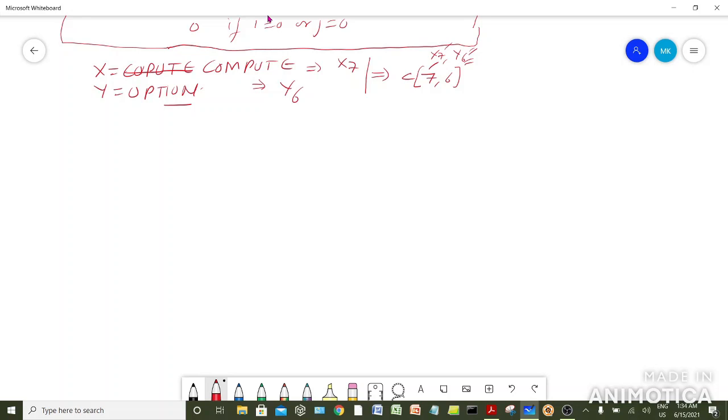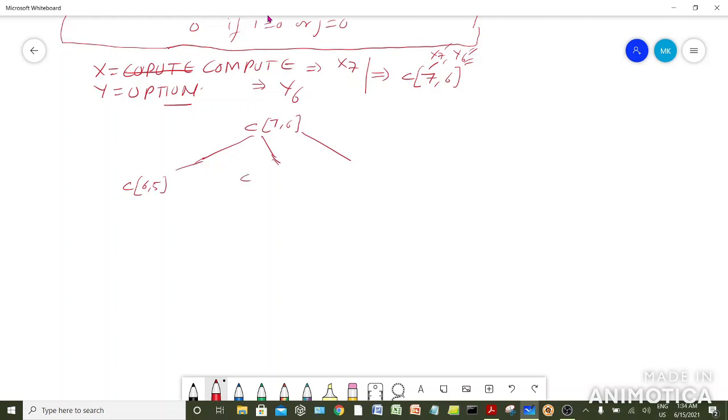Now for generating C of 7 of 6, we'll be requiring the solution for three sub-problems. The first one will be requiring C of 6 and 5. Fine.